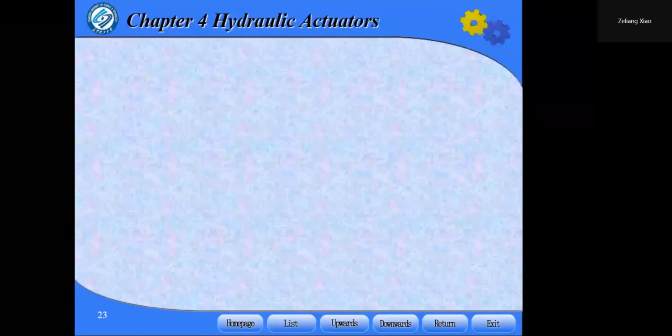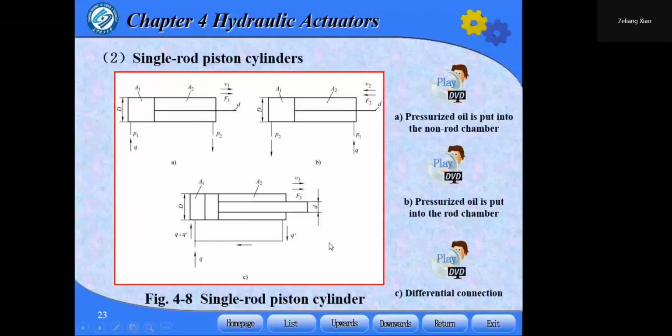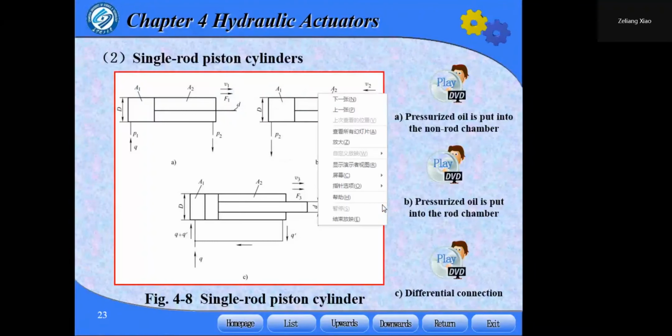This one can be calculated in the same way, so you can do it by yourself.